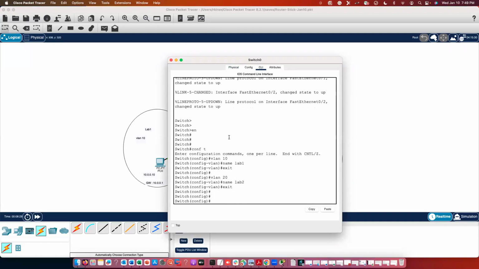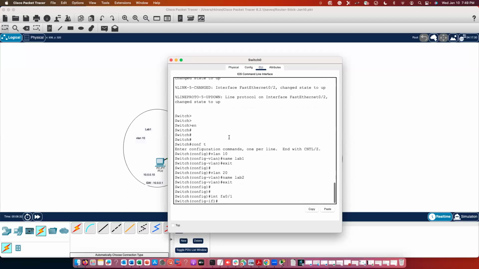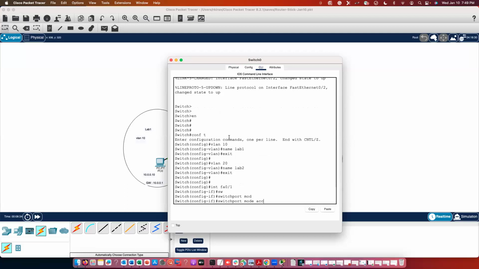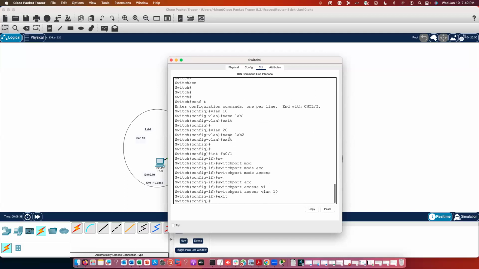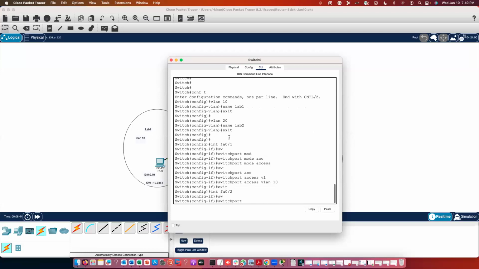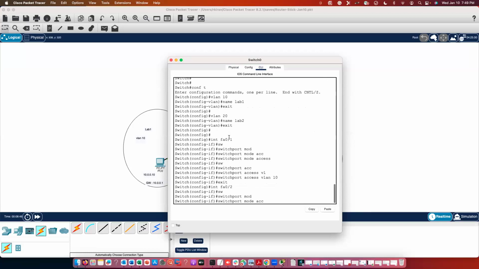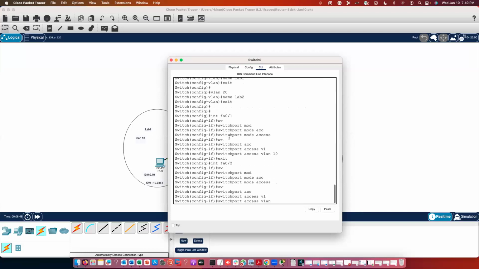Exit. I have to assign Fa0/1 in VLAN 10. So interface Fa0/1, switchport mode access, switchport access vlan 10. I have to assign Fa0/2 in VLAN 20. So interface Fa0/2, switchport mode access, switchport access vlan 20.